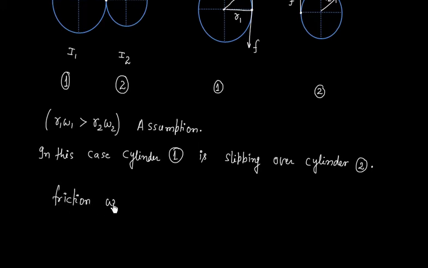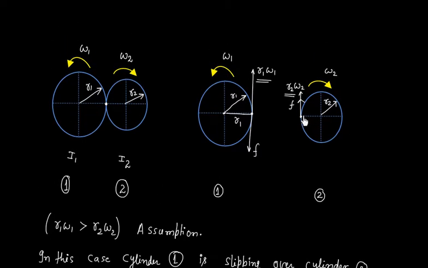So friction will decrease omega 1 and it will increase omega 2. So you see here, the torque of this friction is in this direction.